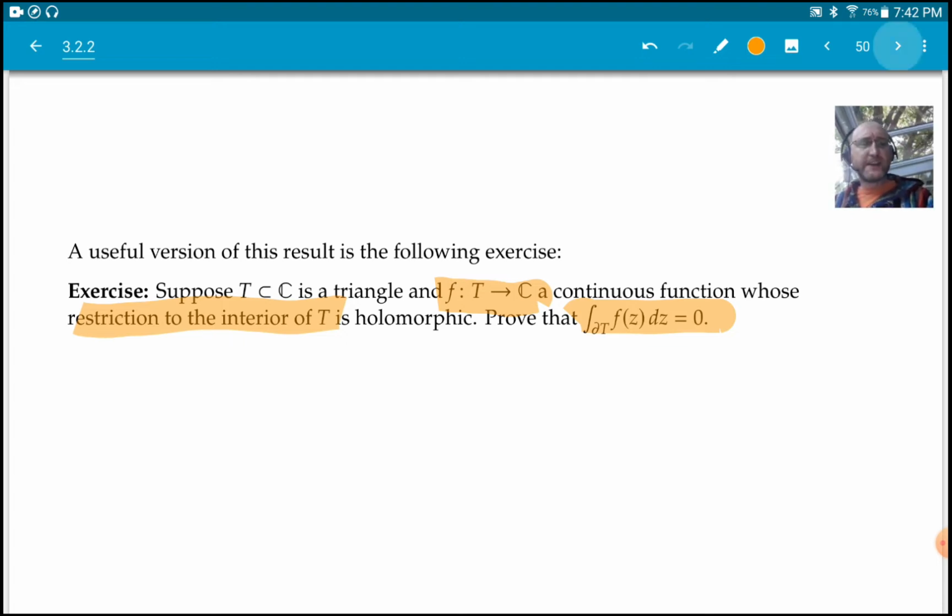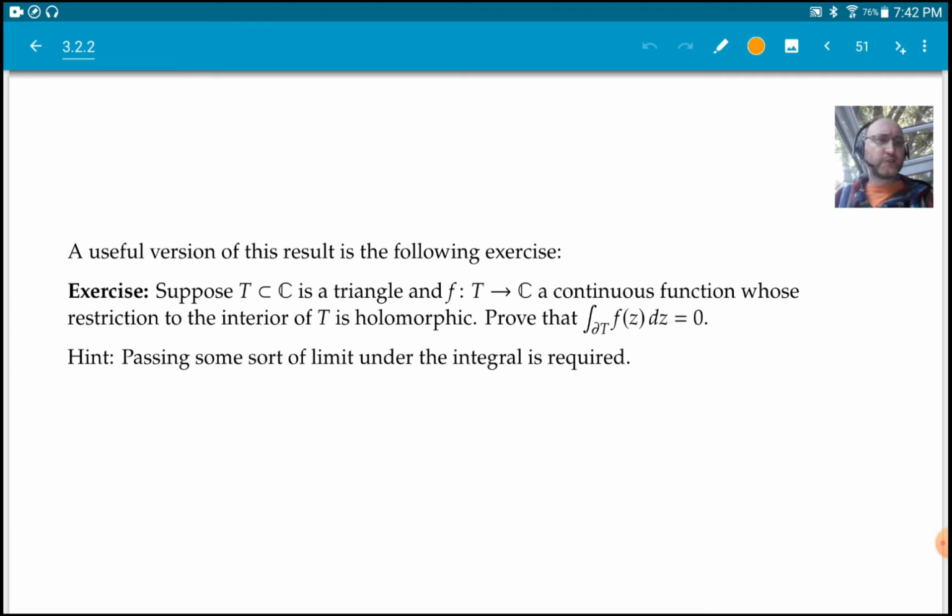Basically, in some way, you have to pass some limit under the integral. Because what you have in the theorem is that if f was holomorphic on something larger than T, then you could have done this.